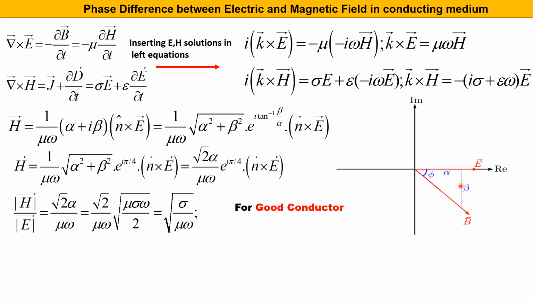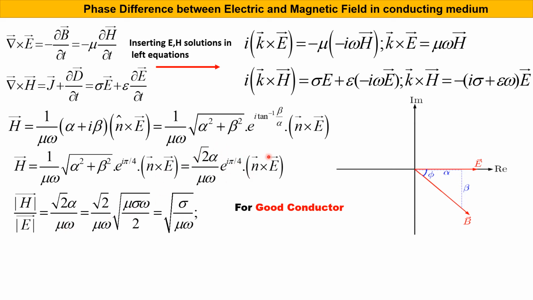You can find there is a phase difference of 45 degree for the good conductor; this angle is roughly 45 degree. So for a good conductor, the ratio of the magnitudes of the magnetic and electric fields will converge to root 2 alpha divided by omega mu, and this term is the magnitude term.